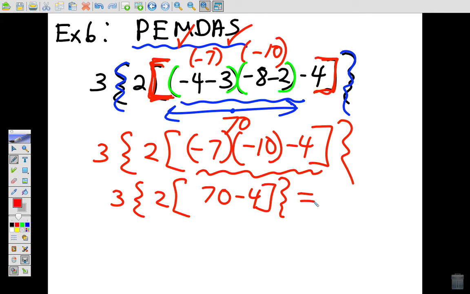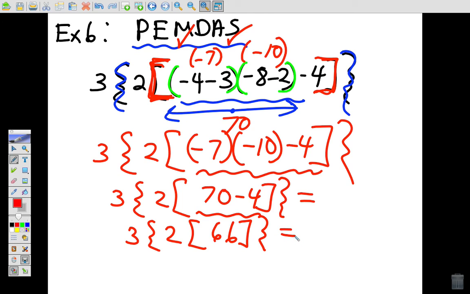Continue working from the inside out. 70 minus 4 is 66. So really, inside the brackets, we're ending up with 66. Now, continue working on the inside. What's 2 times 66? You get 132. So you have 3 brace 132.